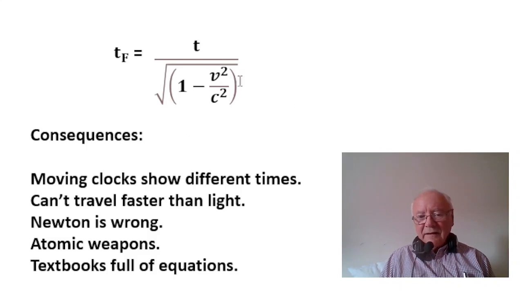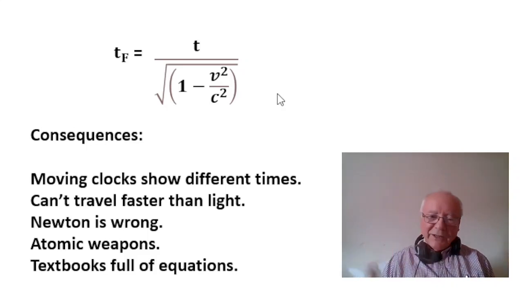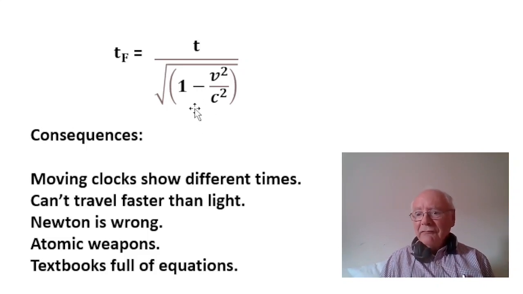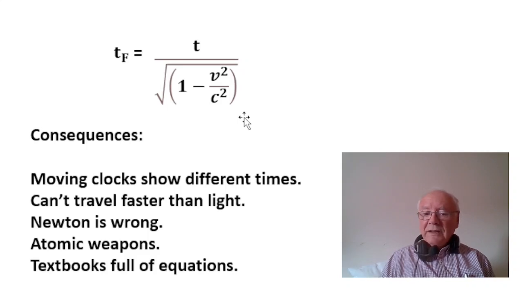The second thing is V can't be greater than C because, as you know in mathematics, you can't have the square root of a negative quantity that you can measure. Yes, I know you can have complex numbers, but you can't measure complex numbers directly. You can only measure real things when you take out a tape measure. And so V has to be less than C. In other words, nobody can travel faster than the speed of light.